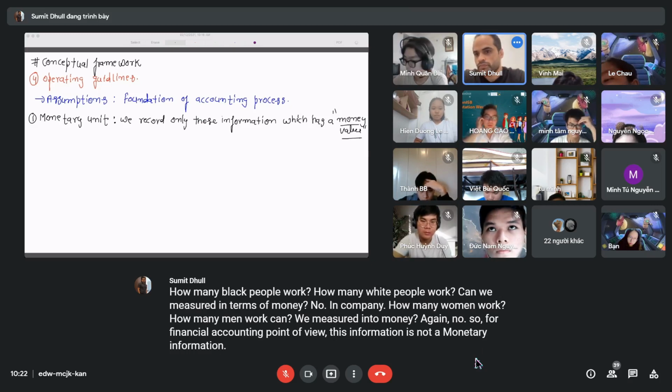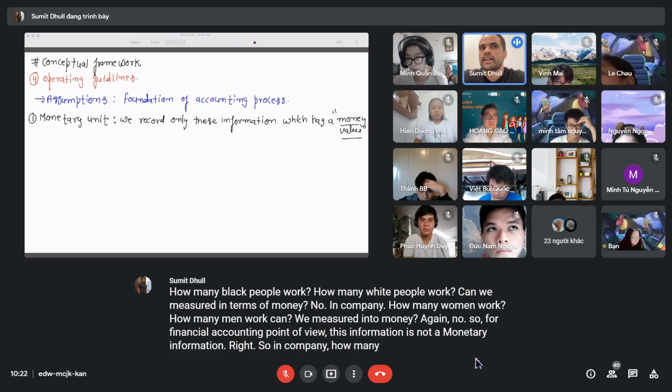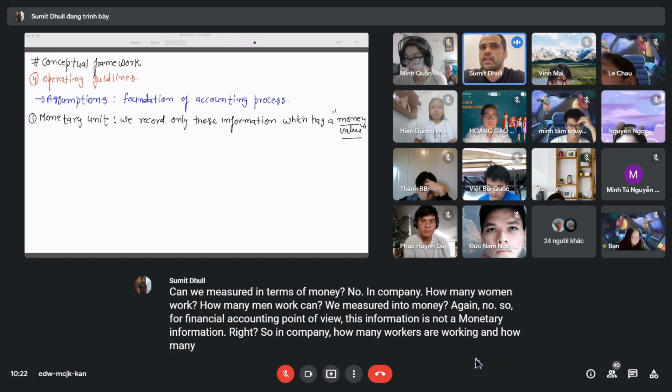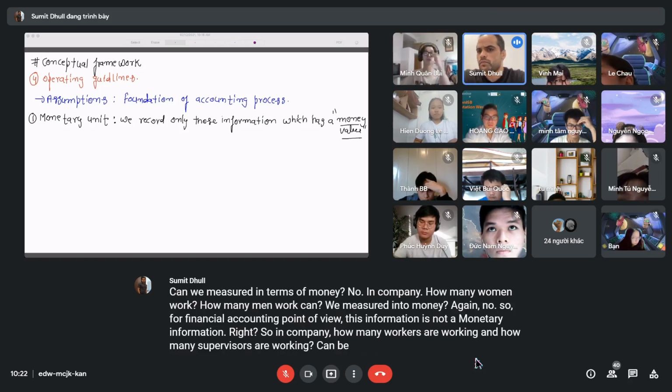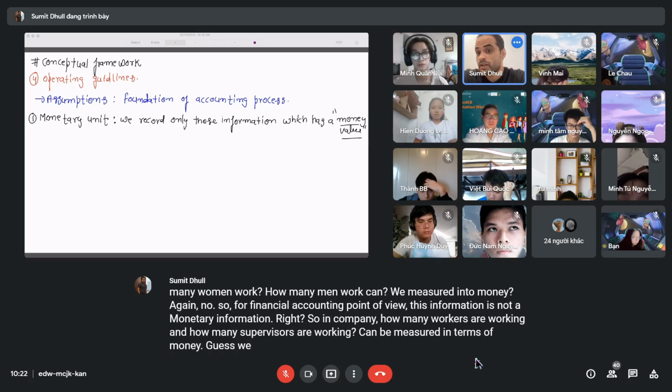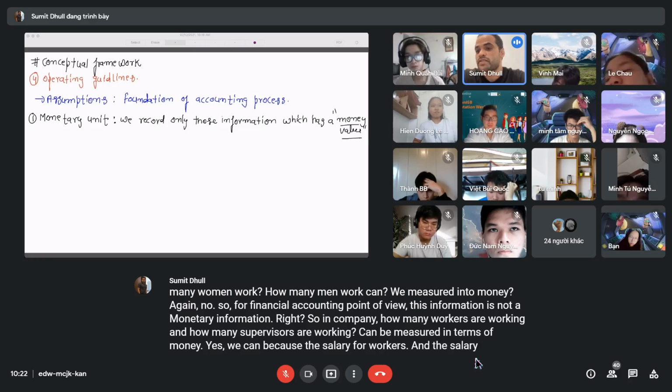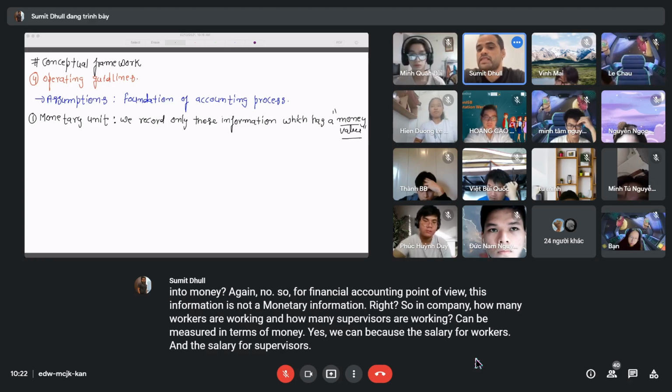All right. So in a company, can how many workers are working and how many supervisors are working be measured in terms of money? Yes, we can, because the salary for workers and the salary for supervisors is different.